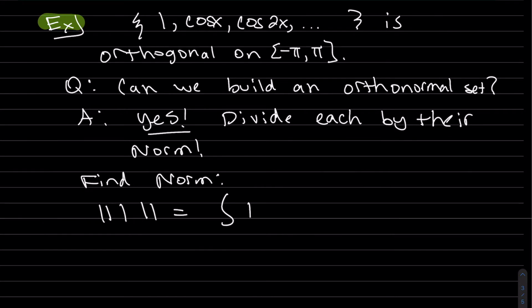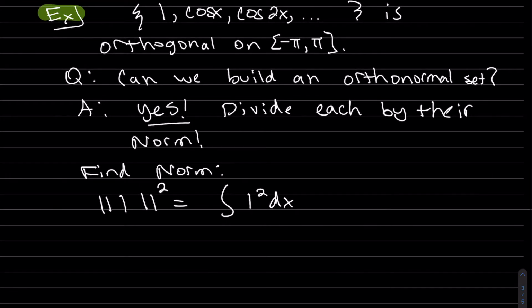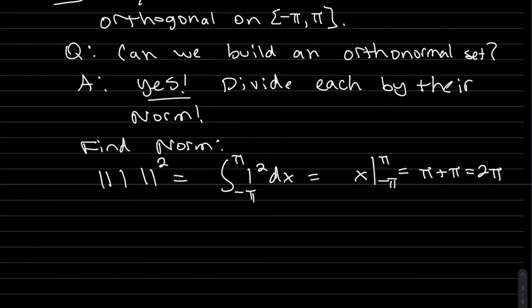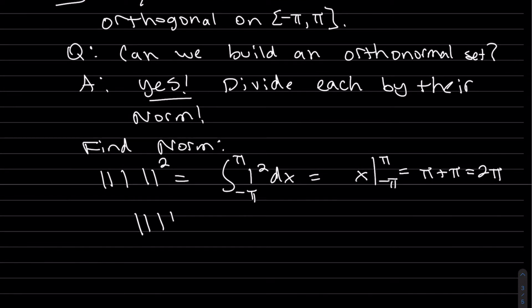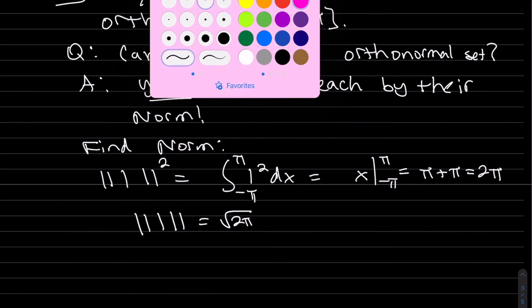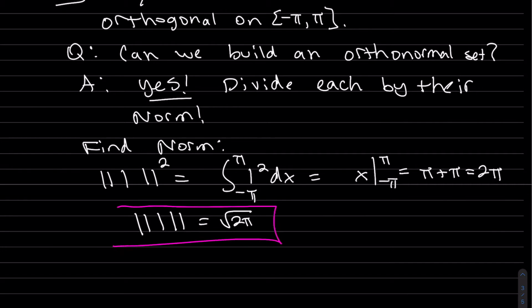It's the integral of the square of it, from minus pi to pi, of our set, which is x. It's 2 pi. So the norm of 1 is the square root of 2 pi. That's our first one.